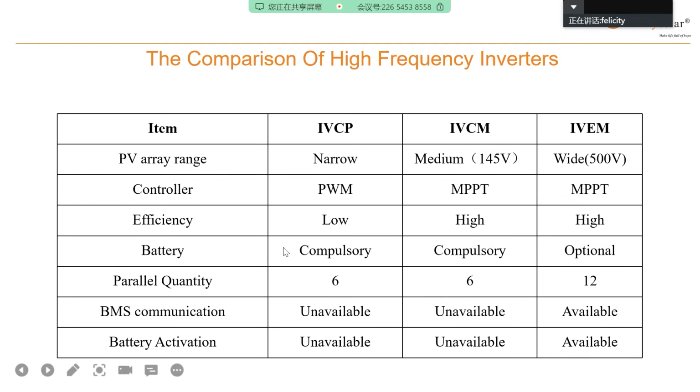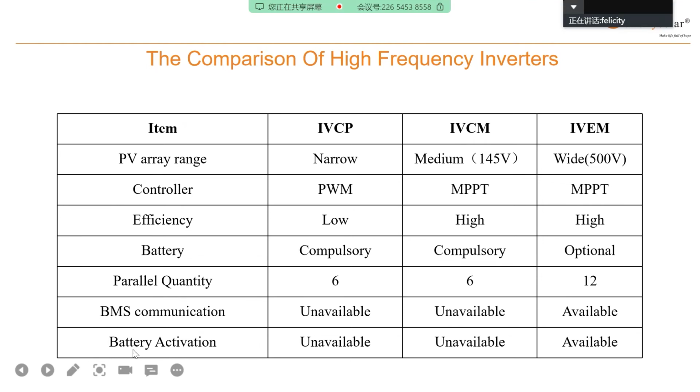It must have the battery group, otherwise the system cannot work. For the parallel quantity, IVEM can go up to 12 pieces, while IVCM and IVCP only 6 pieces.